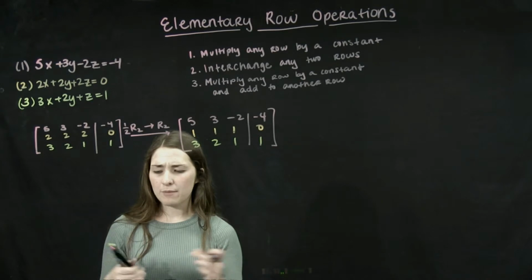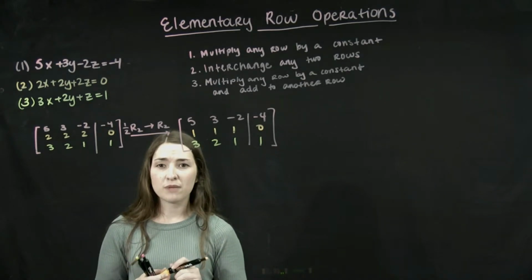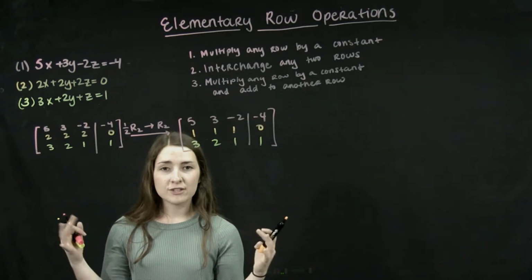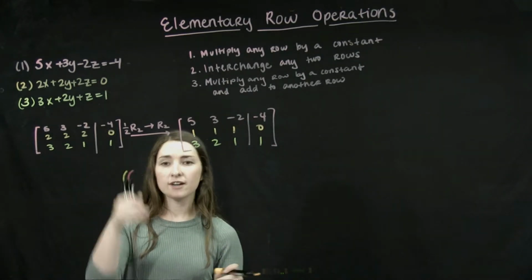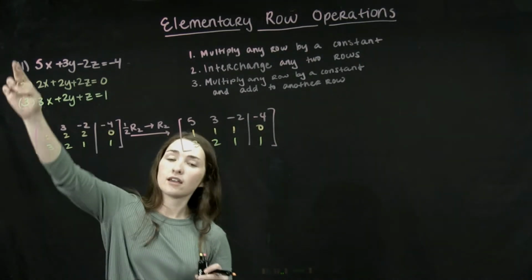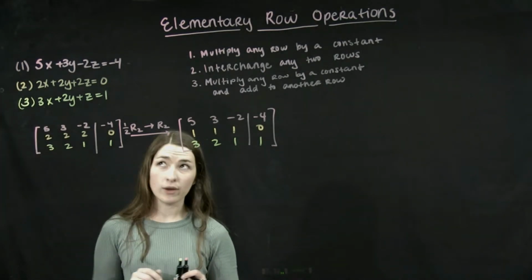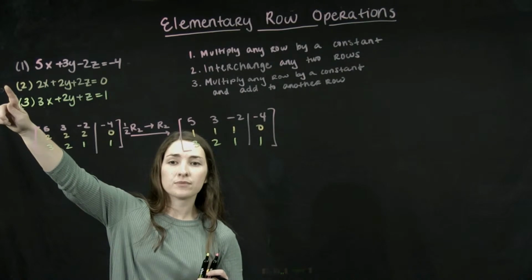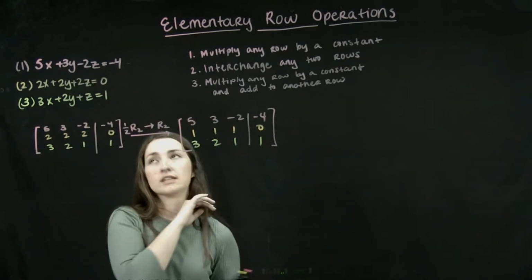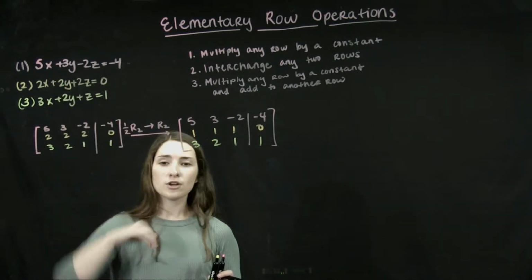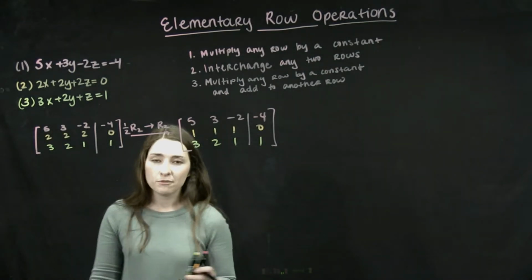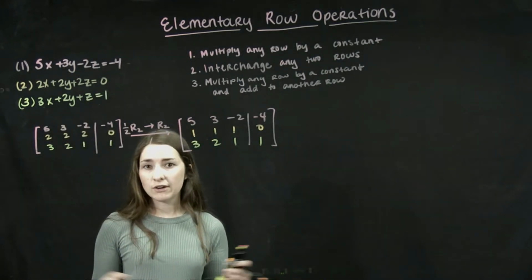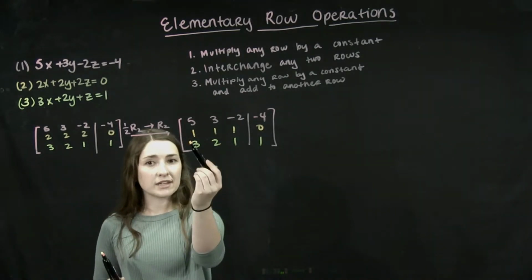So why were we able to just go ahead and multiply that row by 1/2? Remember that our augmented matrix here is representing this linear system of equations. If we look at our second equation, without even thinking about matrices, and I were to say multiply both sides by 1/2, you'd say okay, and then you would get x plus y plus z equals 0. That's actually what we have represented here.